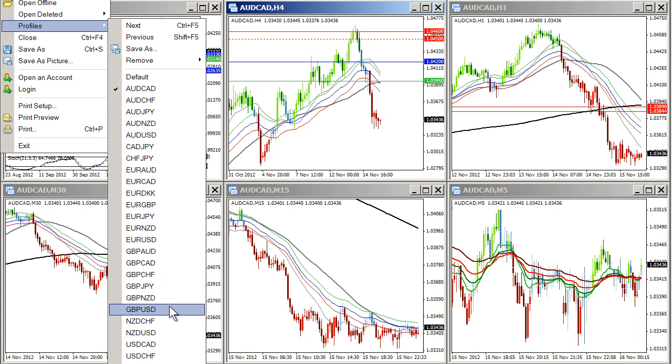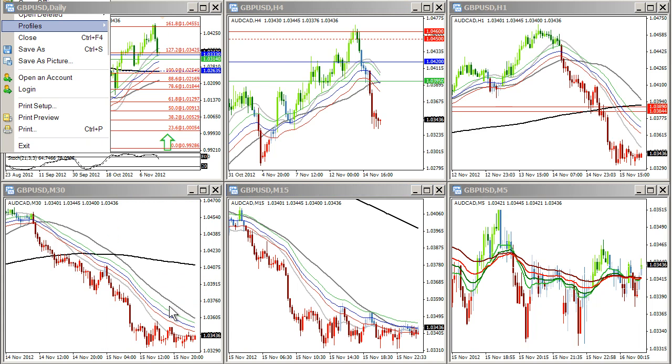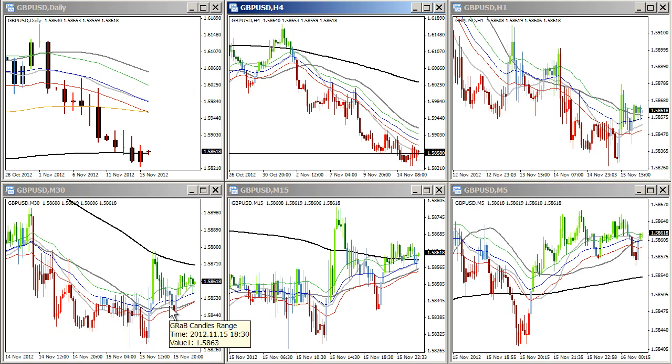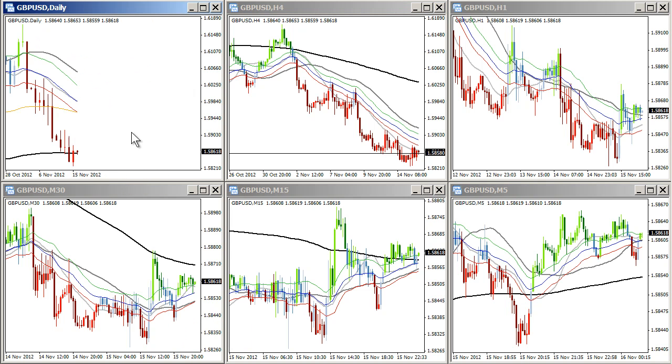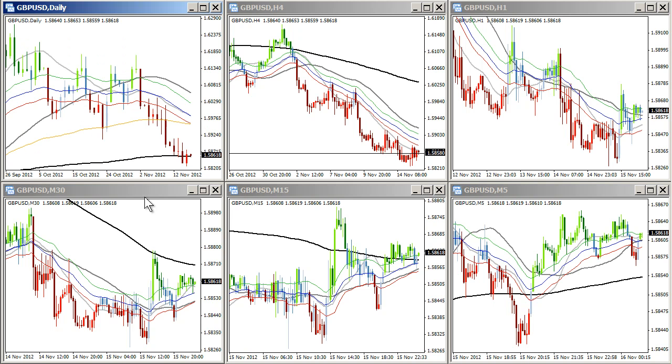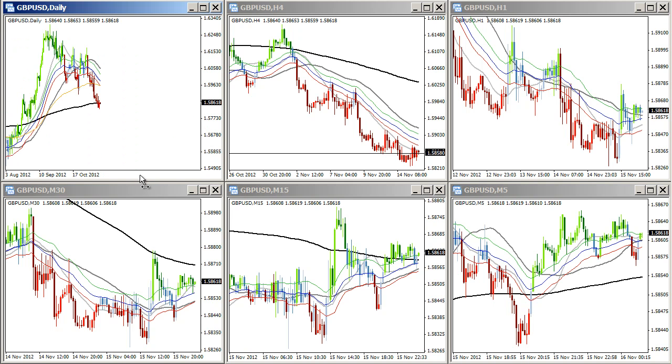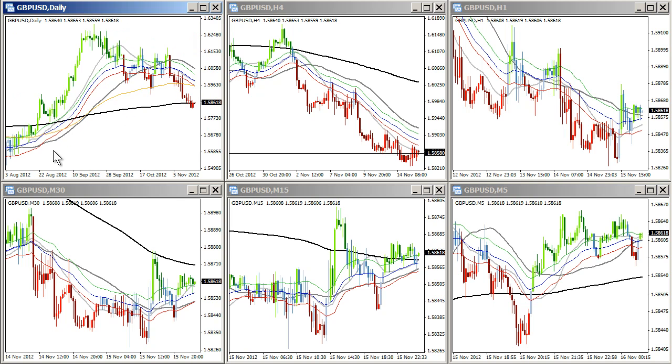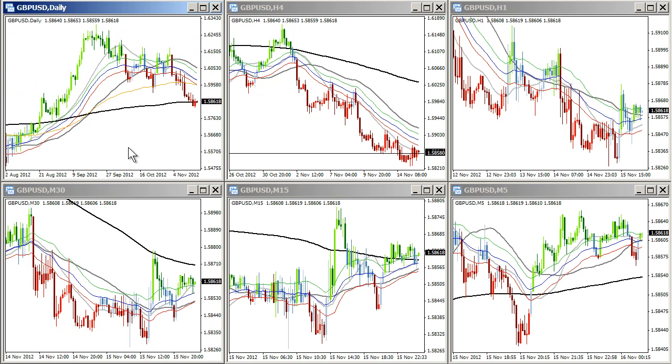For example, they might focus solely on the cable, the euro US dollar, and some other very active, very volatile, high-flying type pair, whatever might be in the news that particular day, or whatever might be just on the move. I find a lot of new traders will somehow find themselves looking at anywhere from sometimes 3 to 4 pairs, and I don't always find that to be the most effective thing.